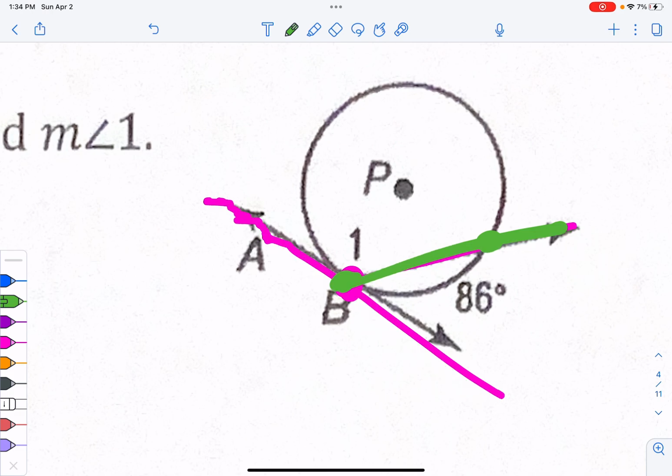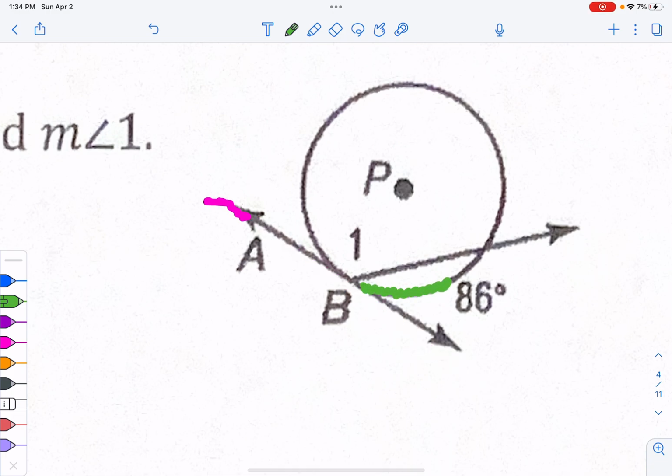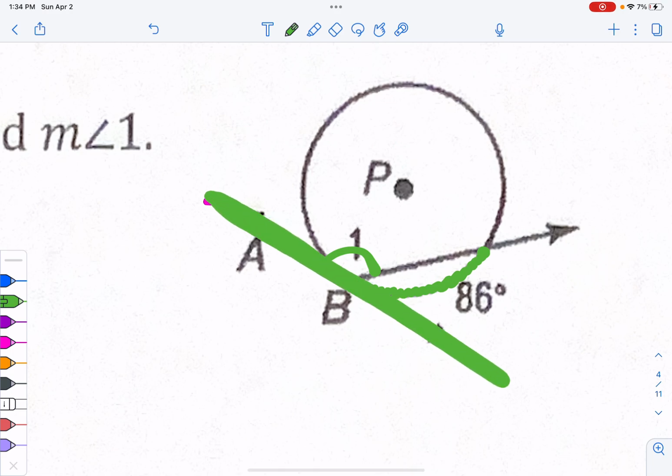What's happening is they want us to find the measure of angle 1, okay? All right, so 86 degrees is this little arc right there, from there to there, okay? And they want us to find the measure of angle 1, okay? Now, I could do this a couple different ways. This line right here, all of this adds up to be 180 because a straight line is 180 degrees, okay?